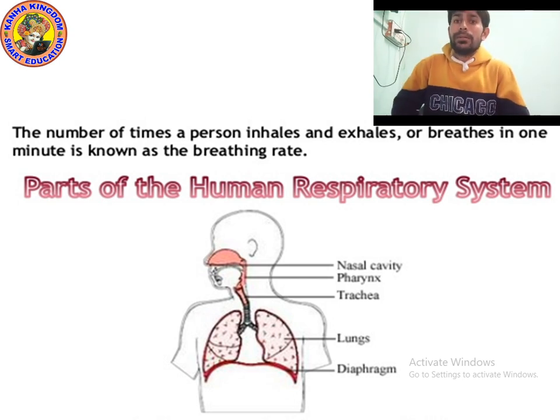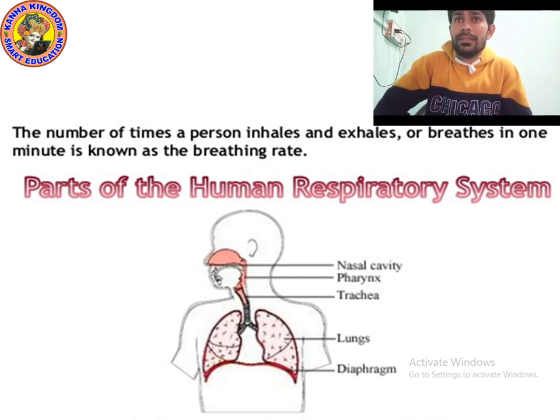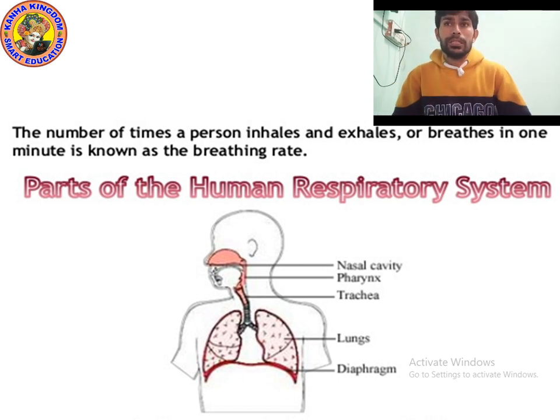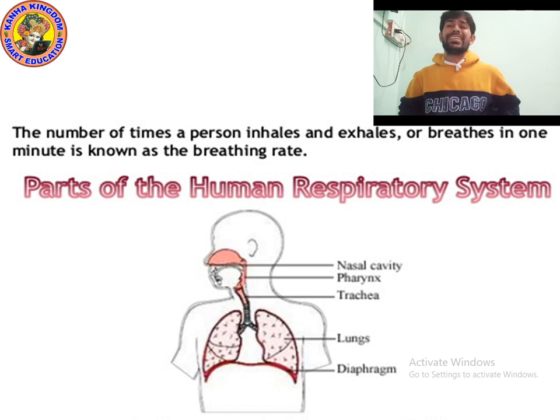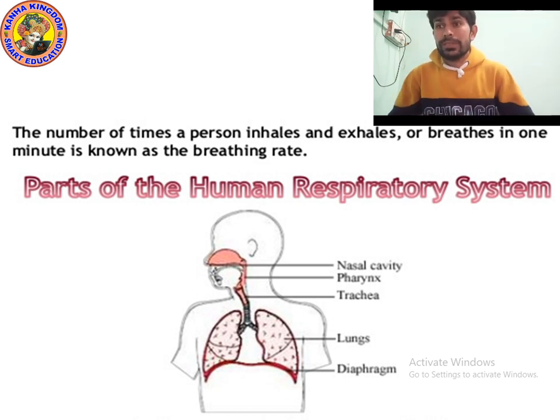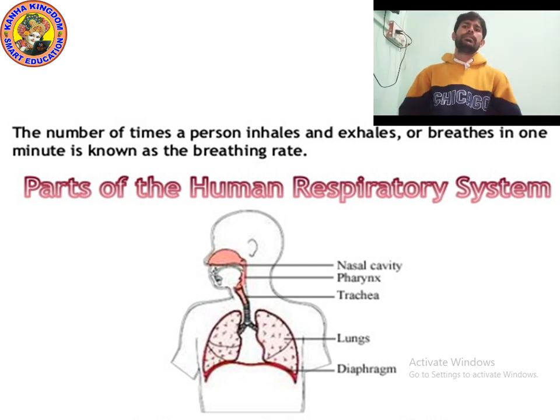You already know that breathing involves taking in oxygen-rich air and giving out carbon dioxide-rich air. This entire process occurs because of the action of various organs of the respiratory system. We take air through our nostrils, and when we breathe in, air passes through the nostrils into the nasal cavity. Air reaches the lungs.